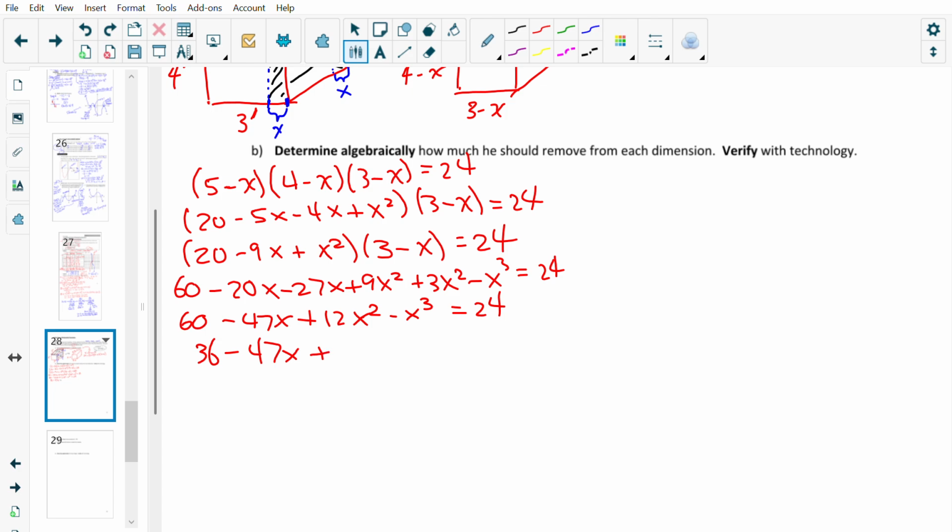Okay, let me group everything to the left side. So I'm going to subtract 24 from both sides. So I get 36 minus 47x plus 12x squared minus x cubed equals 0.